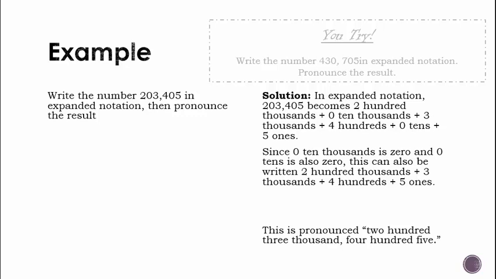Now, in expanded notation, you could have said 400 thousands plus 3 10 thousands plus 7 hundreds plus 5 ones, right? Because you have no tens and you have no thousands. And then when you pronounced it, you should have said 430,705.